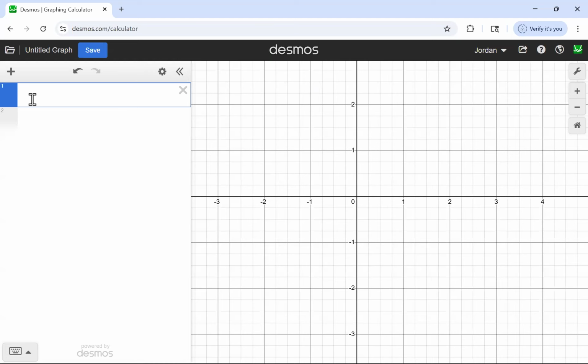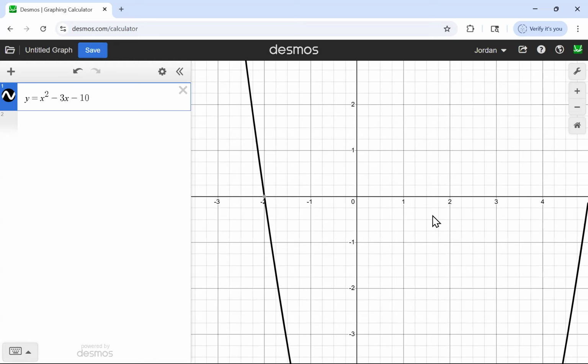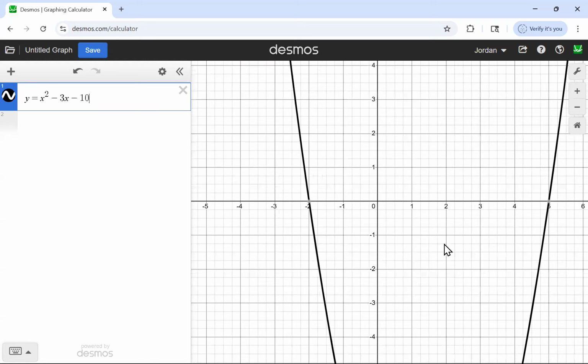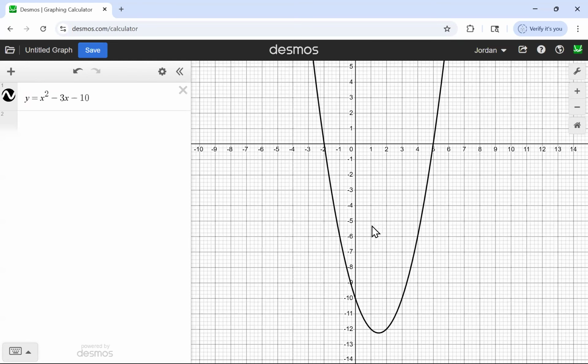And again, all I have to do is click in this slot and type in y equals x squared minus 3x minus 10. And I get this graph. Now, it doesn't look really fantastic, but you can zoom out or zoom in as much as you want. If we're looking graphically for my y-intercept, it's down here at the point (0, -10).